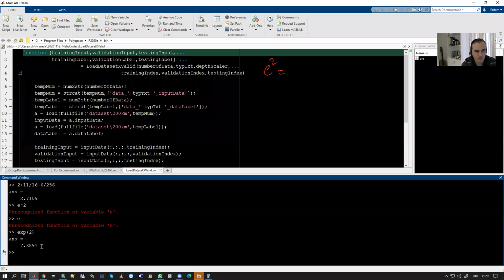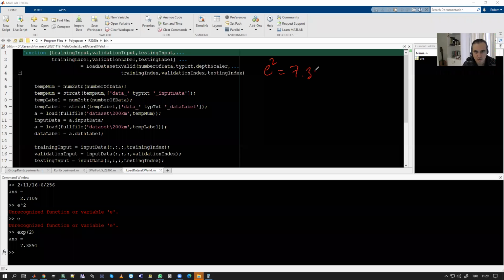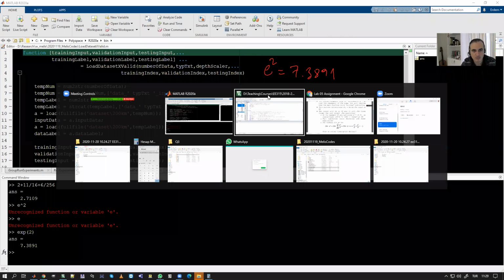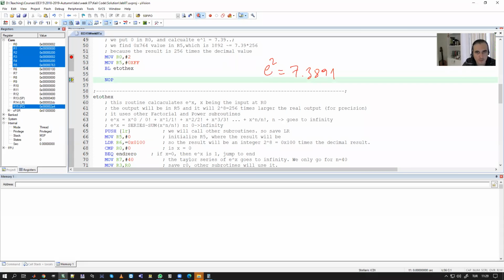Yes, that's the number. Let me write this number here: 7 point. Okay, so is it really the number that we were looking for? In R5, I have this number. R5 is equal to 0, 7, 6, 3.